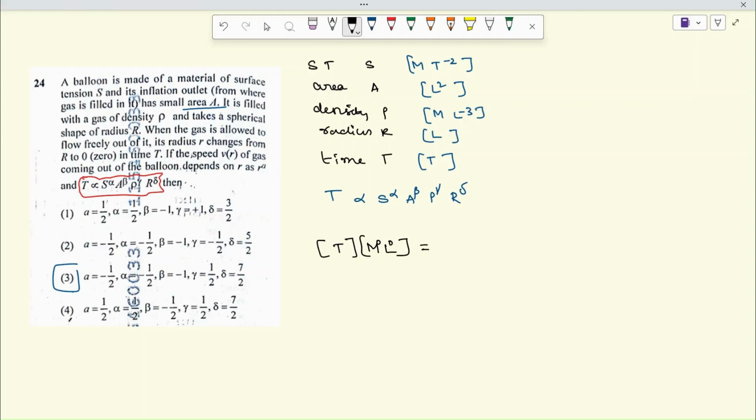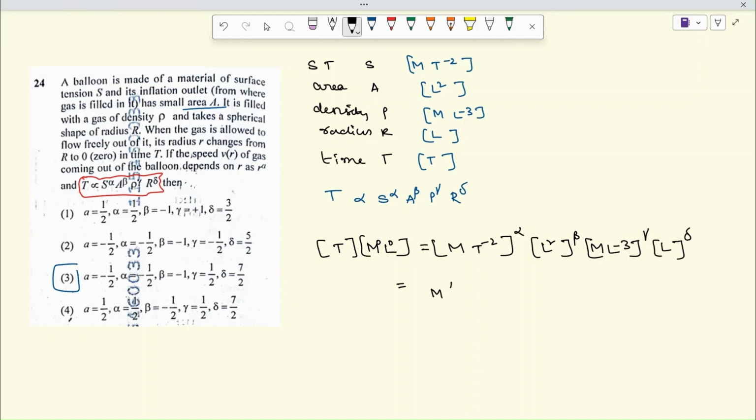Equal to S power alpha, that means M T power minus 2, power alpha, into area power beta, so L squared power beta. Next rho power gamma, so M L minus 3 power gamma. Similarly r power delta, which is length power delta. Now multiply them.